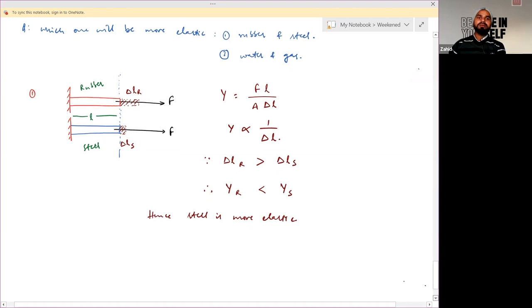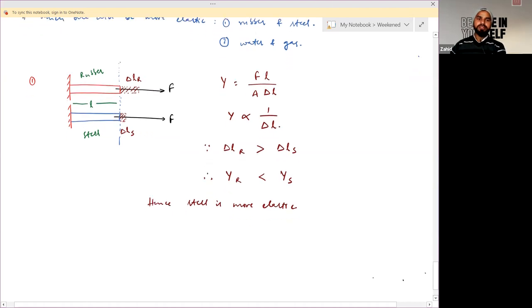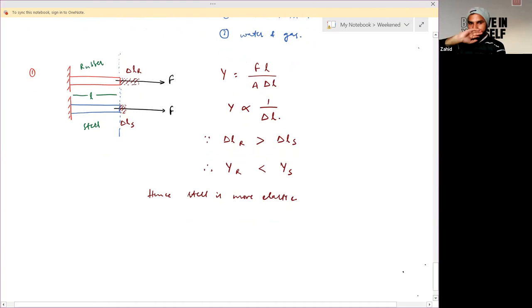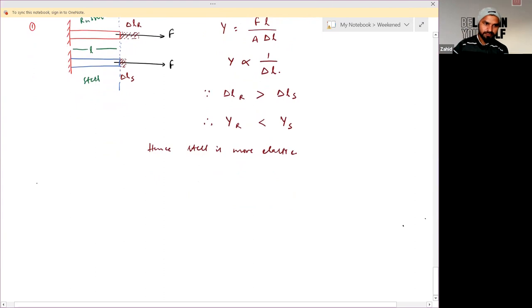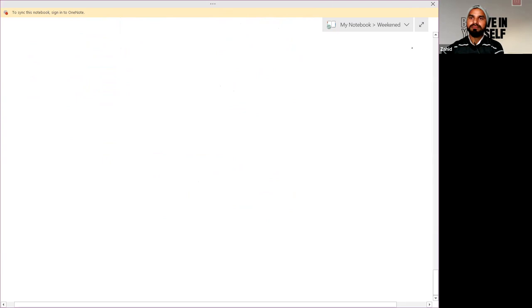Okay, so this is all about the first introductory part of these three different concepts. Now we have to define the stress strain curve. You'll be asked in school to define this particular curve.